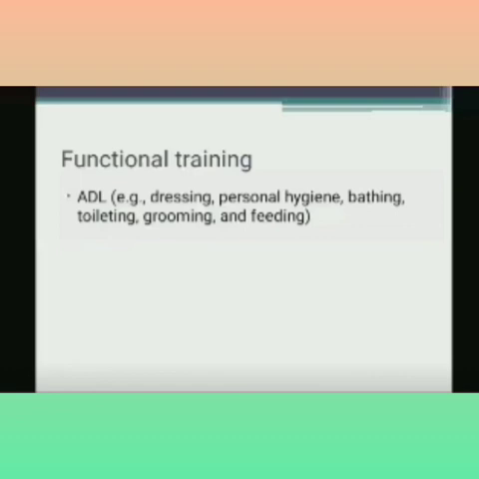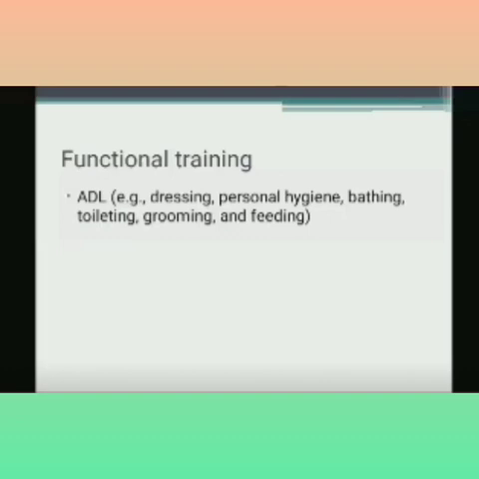Ultimately, all these activities are to improve function. By doing all this physiotherapy intervention, you have to improve function. For that, we may need to give some training in functional activity, particularly for dressing or personal hygiene, bathing, toileting.